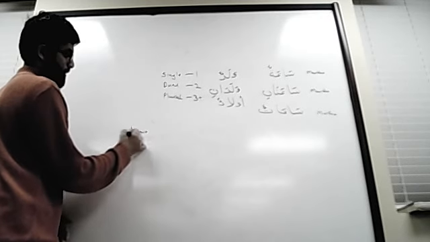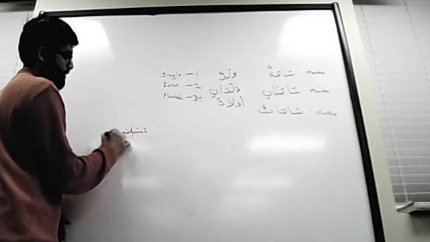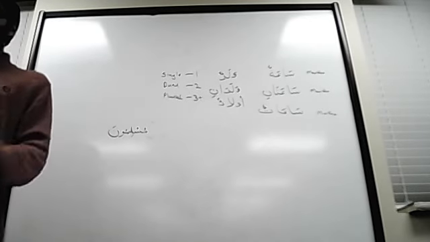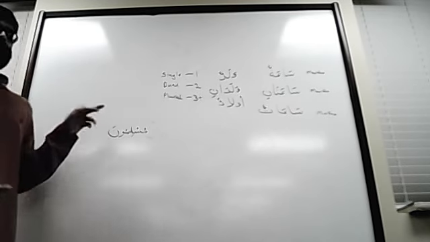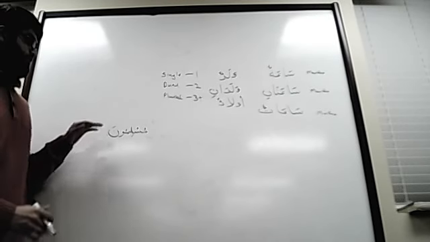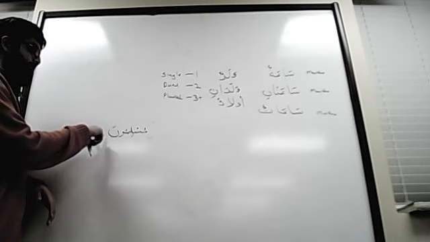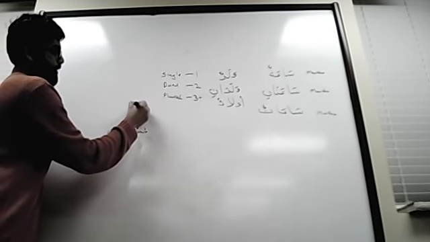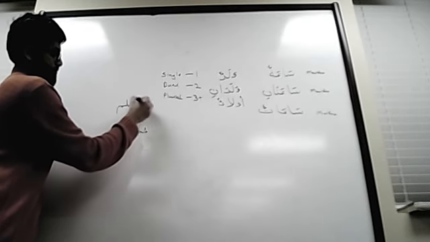Just like muslimuna, the plural for Muslims. It ends in a fatha, but that doesn't mean that it's mansub. It's actually marfu. So let's do this also. What's one Muslim? Muslimun.